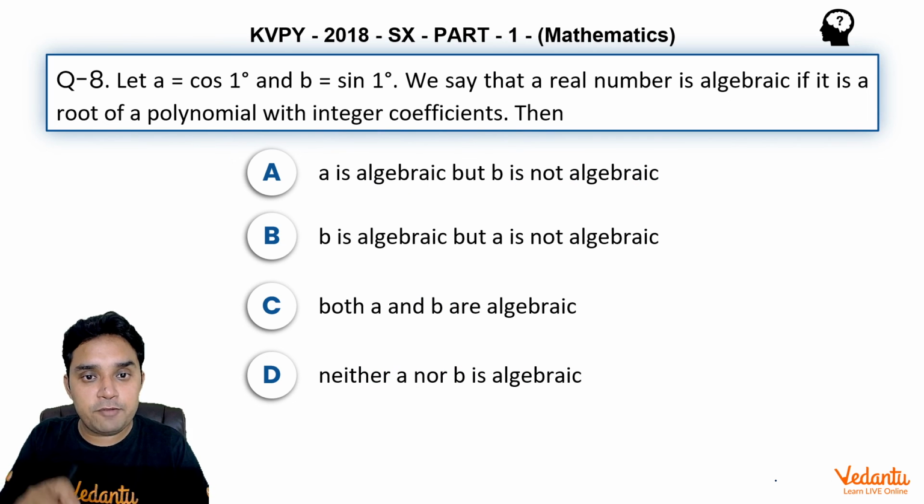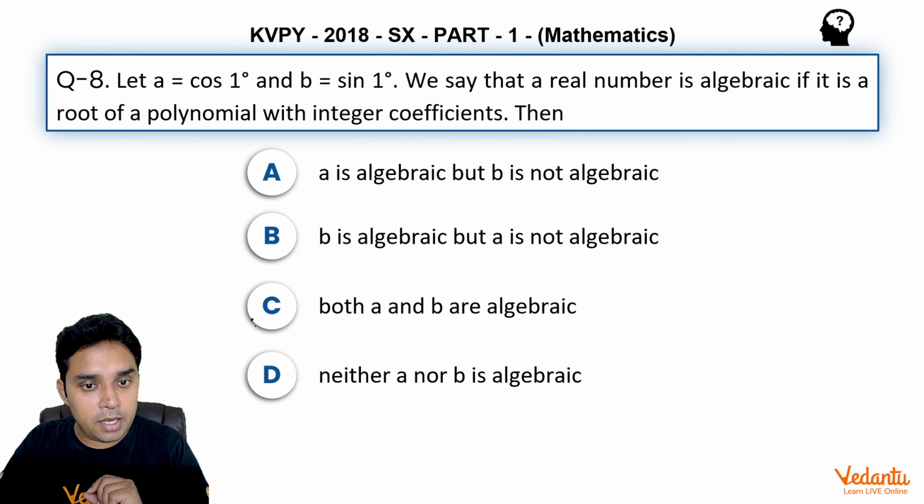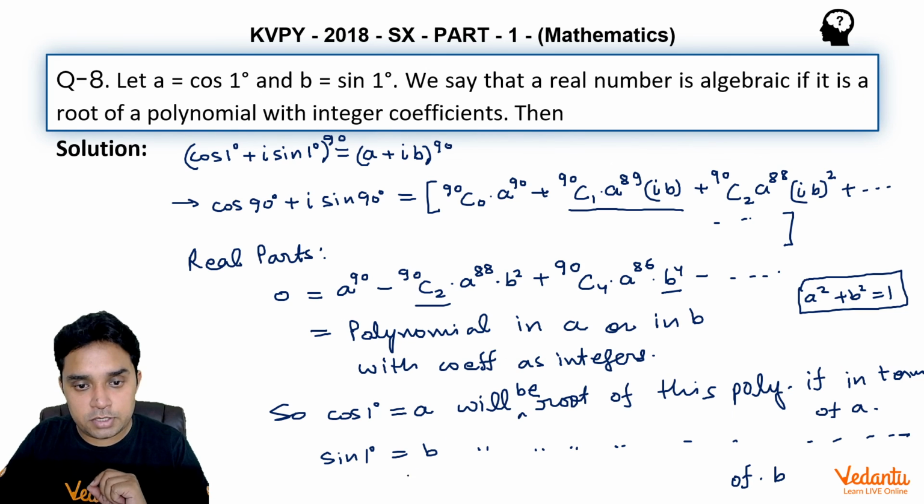So as per the definition given in this question, both A and B are algebraic. So the answer for this should be C.